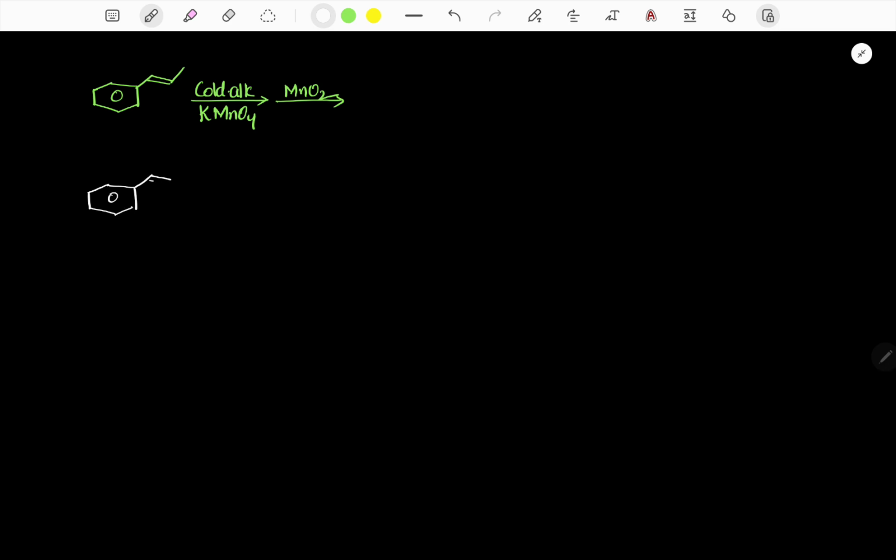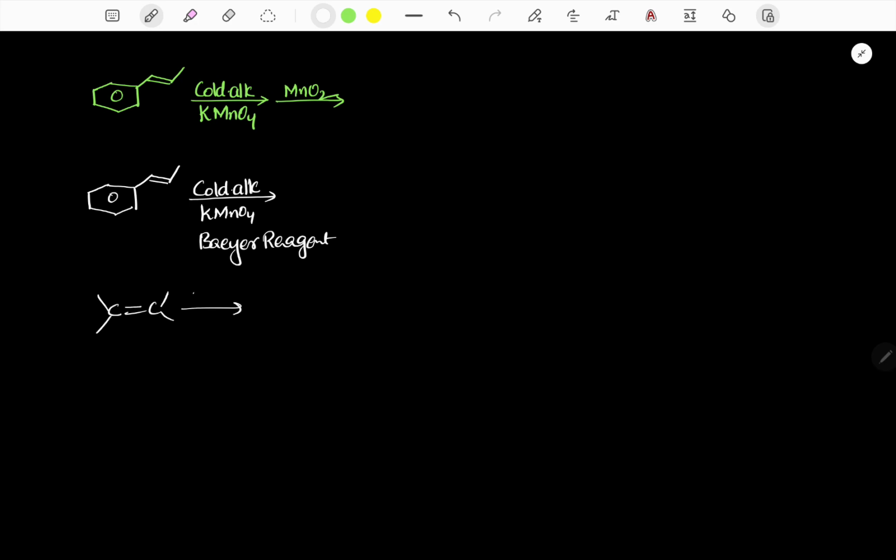Alkene treated with cold alkaline KMnO4. Cold alkaline KMnO4 is Baeyer's reagent. So Baeyer's reagent is treated with the alkene. Suppose it is a simple alkene.